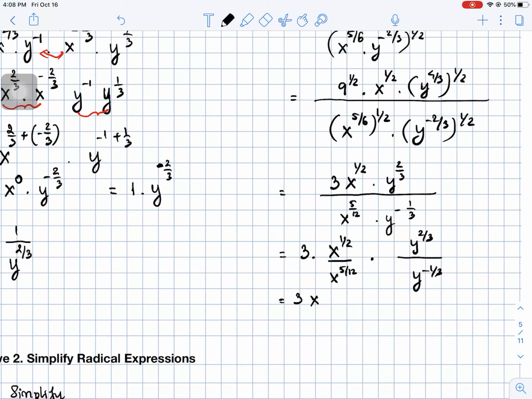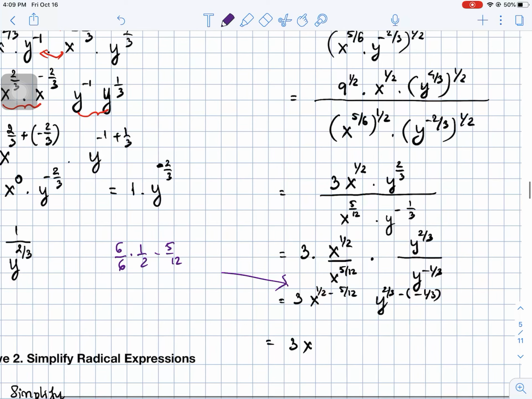Because if we multiply them together, top together, we get back to the top, and bottom together, we get back to the bottom. I need to separate them because we need to put the like terms together. So for the x, we will subtract, so 1/2 minus 5/12. And for the y, we will subtract also, so 2/3 minus negative 1/3.